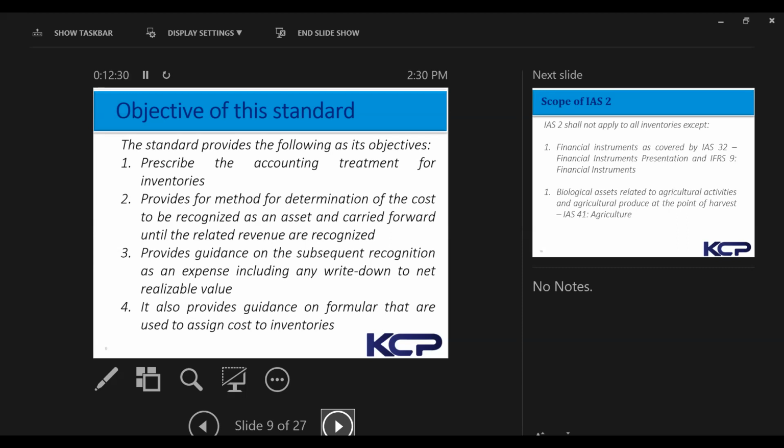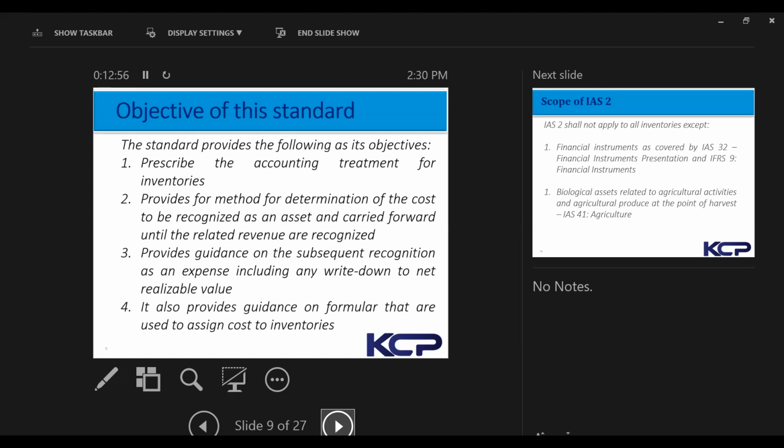As human beings, we also have objectives. You have an objective you seek to attain when you set out for this class, right? So the standard provided the following as part of its objective.